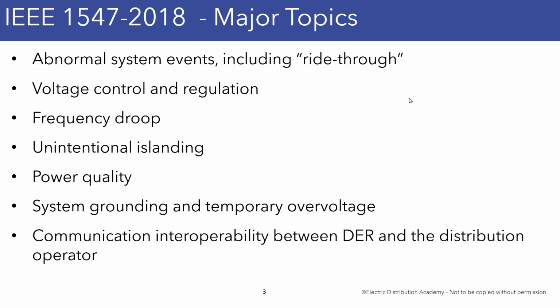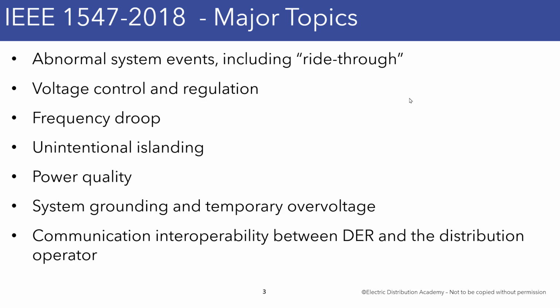The frequency group is related to real power output as a function of frequency and the variation of the DER and its ability to supply real power, either increase or decrease, depending upon whether the frequency has increased or decreased outside a certain bandwidth.